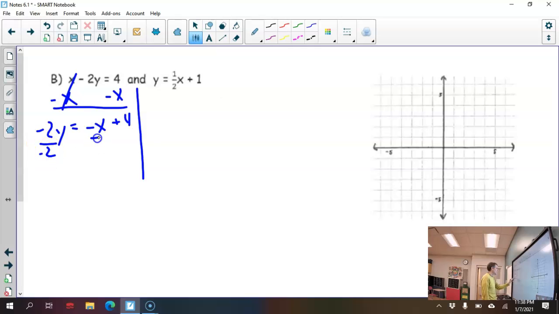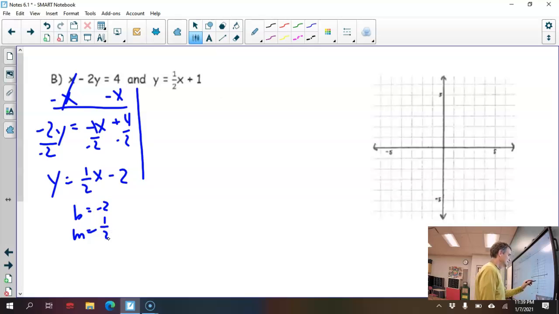Then I'm going to divide by negative 2, and I'm going to get negative 1 over negative 2 would be positive 1/2. 4 over negative 2 would be negative 2. So this one has a y-intercept of negative 2 and a slope of 1/2. I'm going to put the y-intercept at negative 2, go up 1, right 2, up 1, right 2, and, ooh, terrible line. There we go.